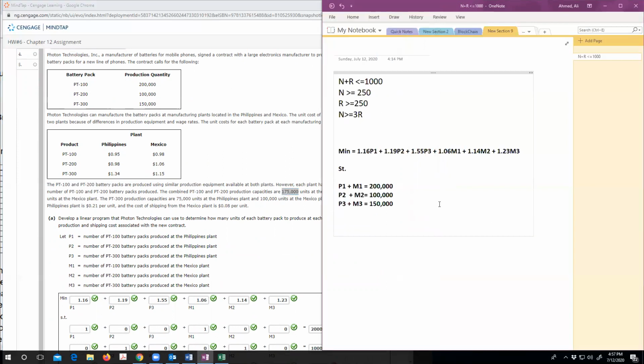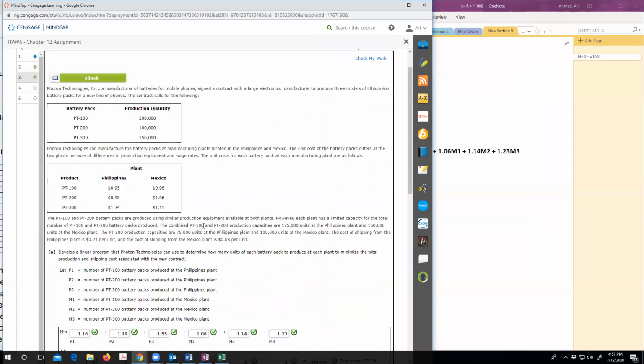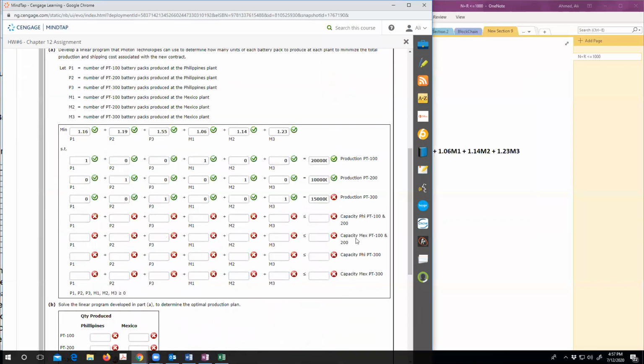Since both can produce PT 100 and PT 200, both can be produced, but here they're talking about capacity at Philippines.